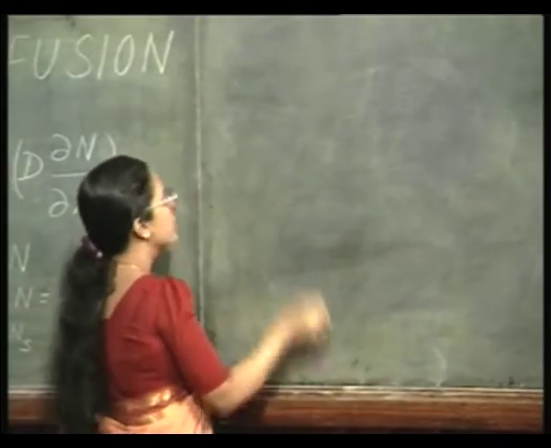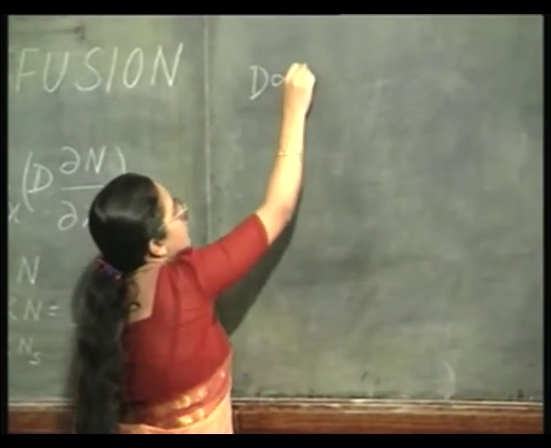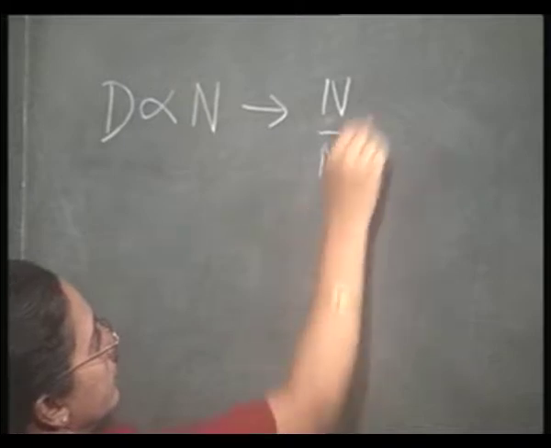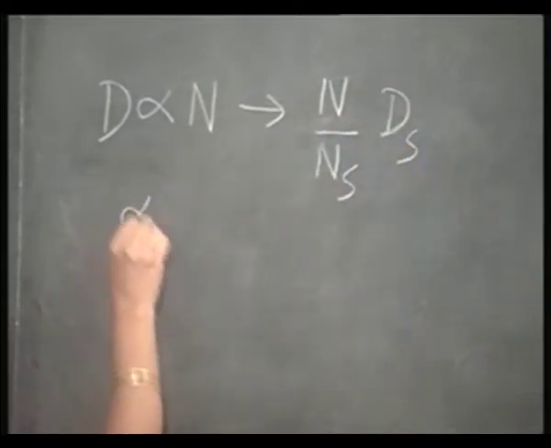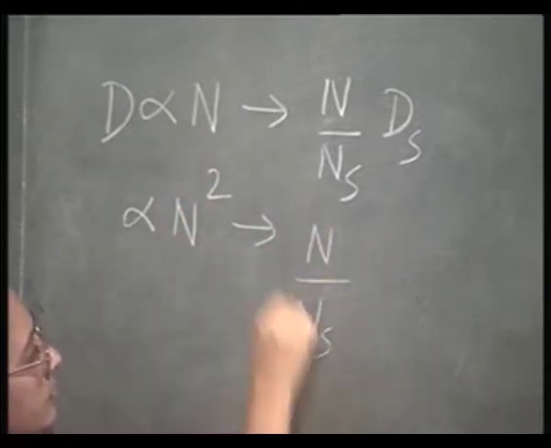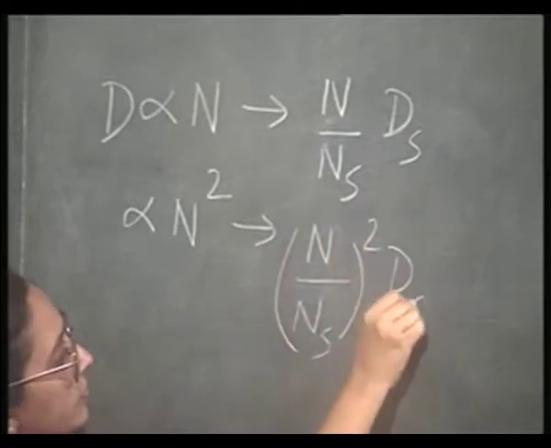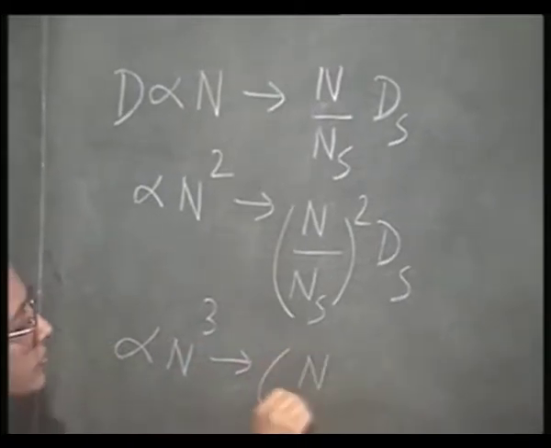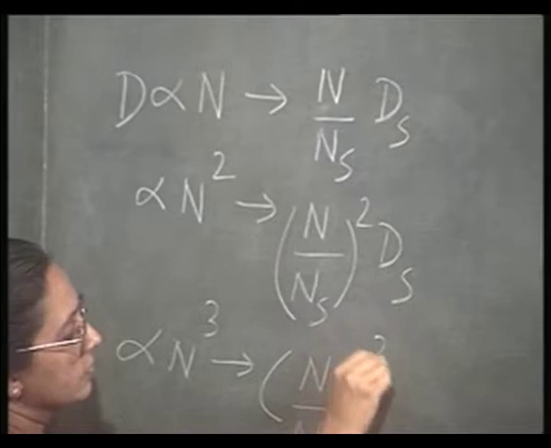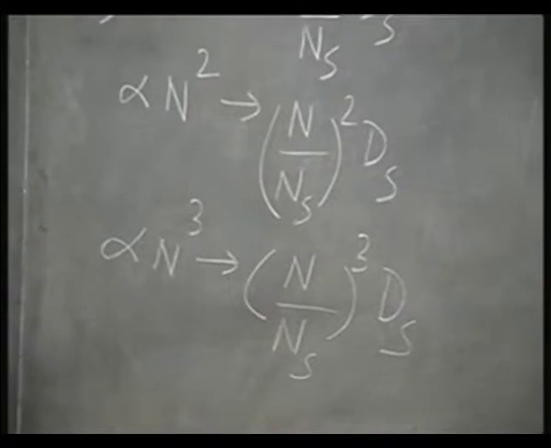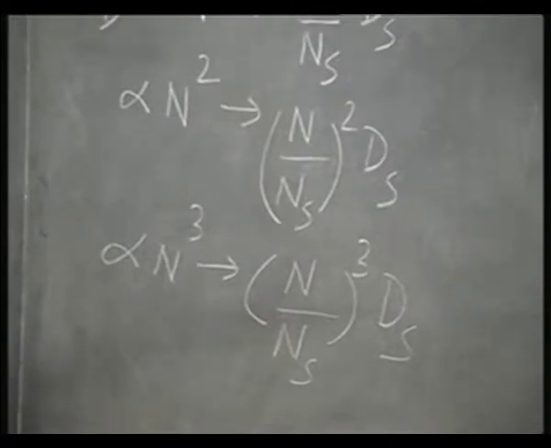I can define three possible cases: D proportional to N, D proportional to N square and D proportional to N cube.